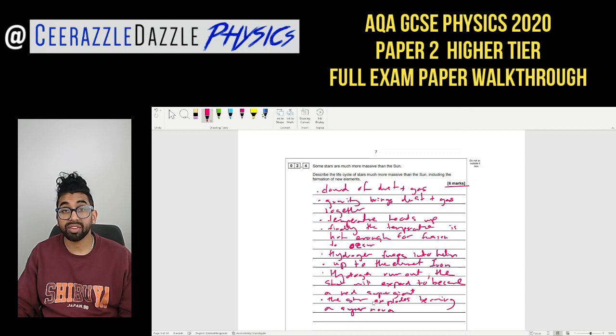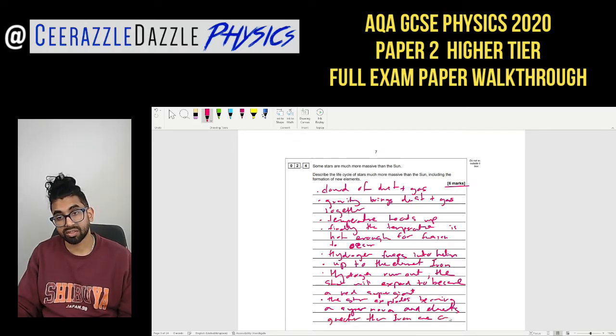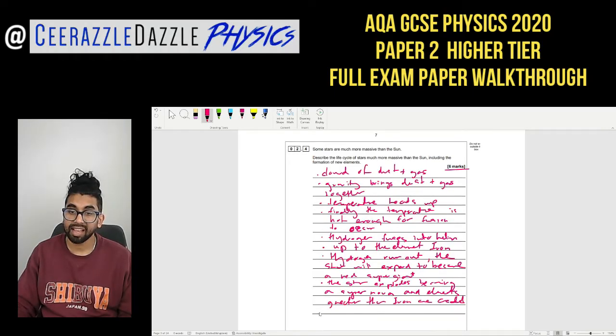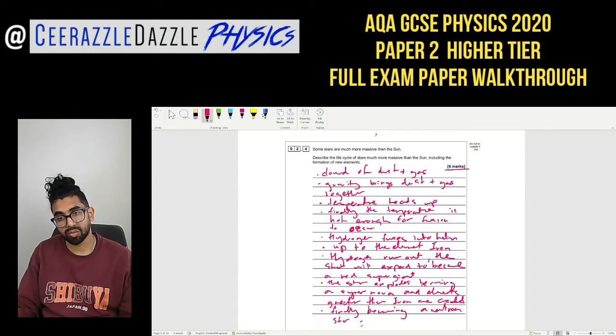And this is where the heavier elements greater than iron are created. And then finally it can become a neutron star or a black hole.